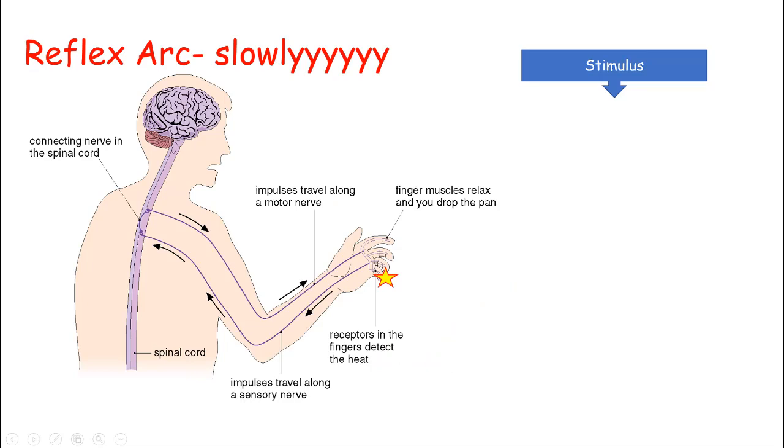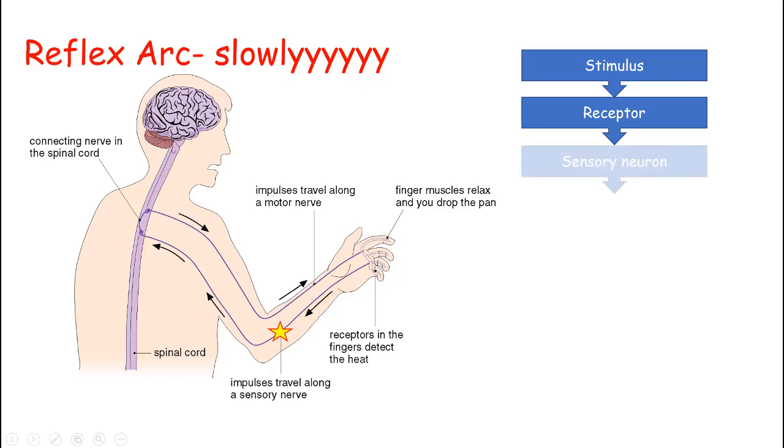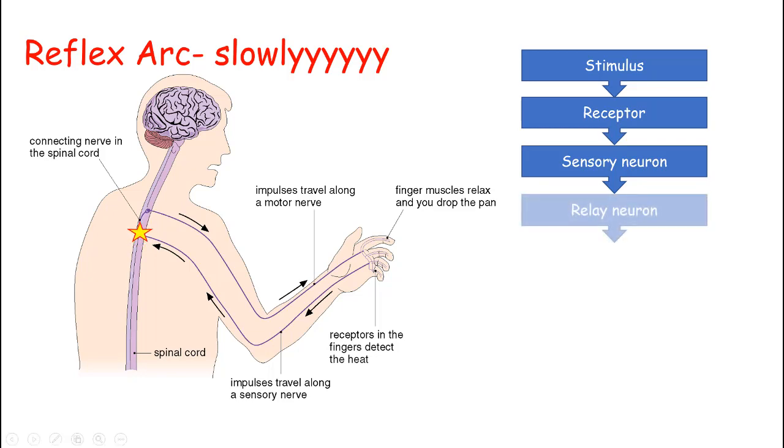So, as I say, there's a stimulus, which is the heat. The stimulus gets detected by the receptor. The receptors send an impulse along the sensory neuron. It reaches the coordinator and travels along the relay neuron or the association neuron.